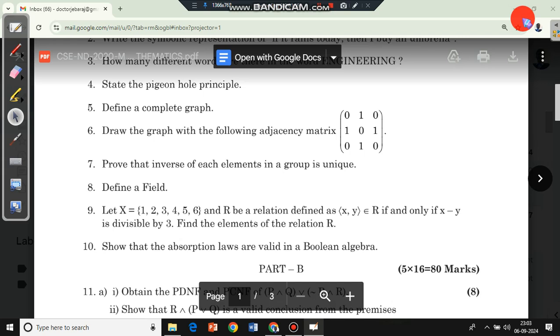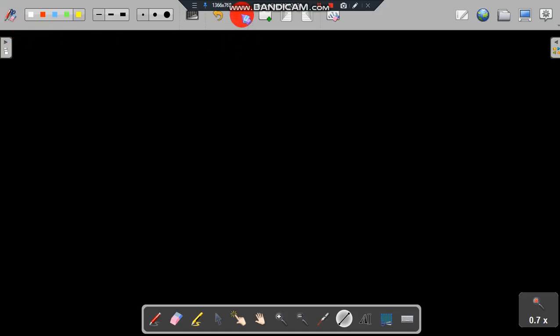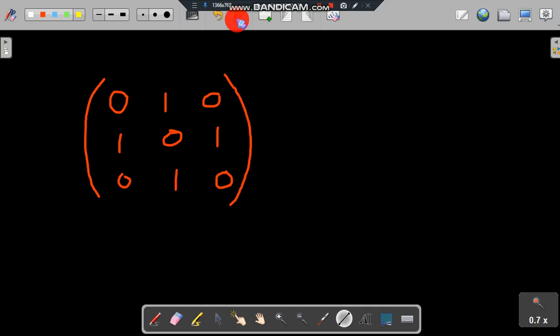Okay, for which we have to draw the graph. Now what is the matrix given to us? 0 1 0 1 0 1 0 1 0. So this is the matrix given to us, that is the adjacency matrix for some graph.